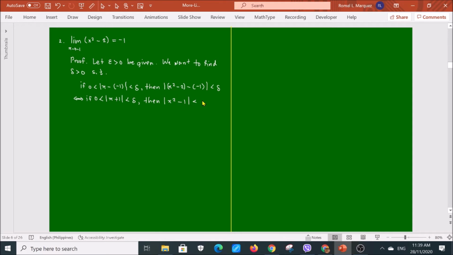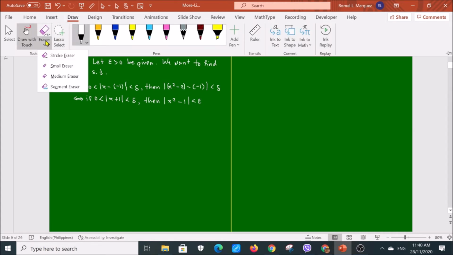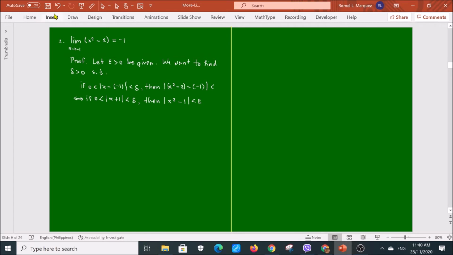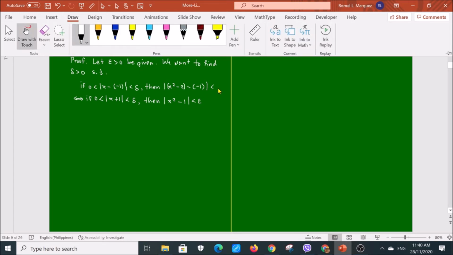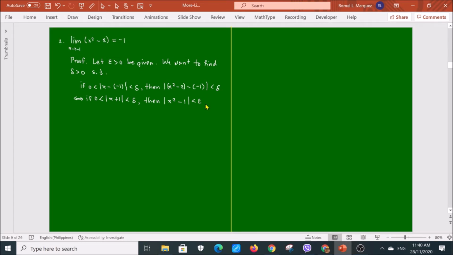So the absolute value of x squared minus 1 is less than epsilon. So this is what we want to prove. That is the statement. With this hypothesis, if this is true, then we have to show that this is also true.